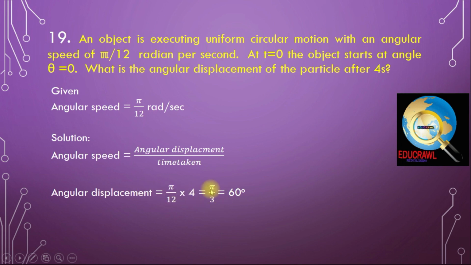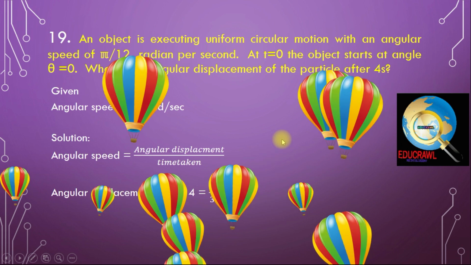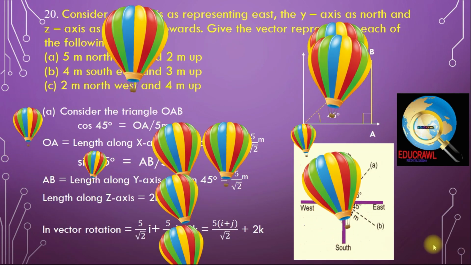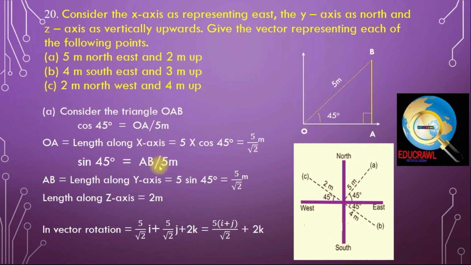So the angular displacement is pi by 3, or pi is 180, so 180 divided by 3, it is 60 degree. So the angular displacement is 60 degree. This is one more very simple easy formula. It might be lengthy, but it is a simple one.